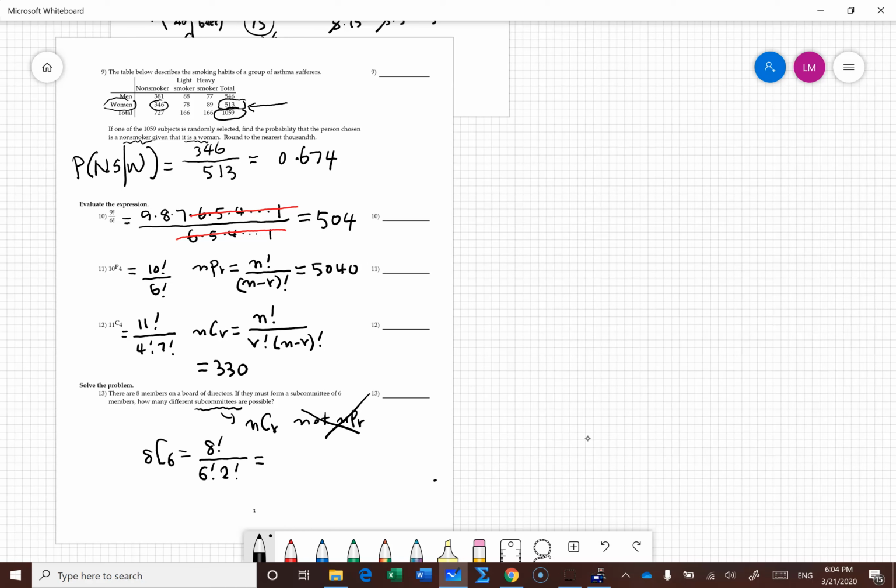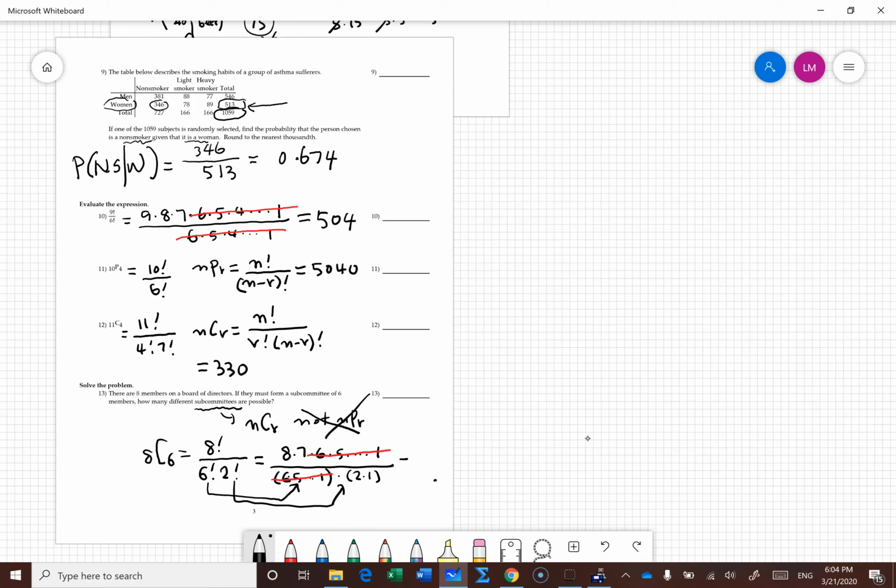So if I don't use a calculator, then this is what happens. 8, 7, 6, 5, 1 is the first one, and then 2 factorial would be 2 times 1. So now I cancel from 6 to 1, 6 to 1.